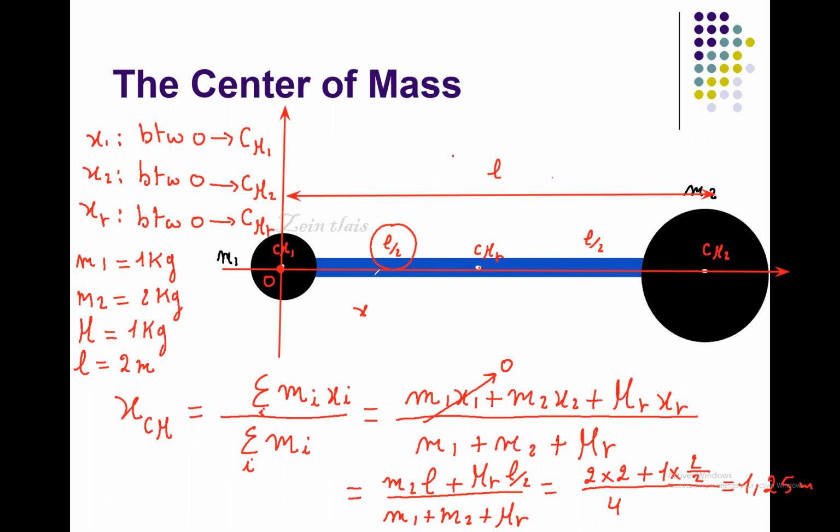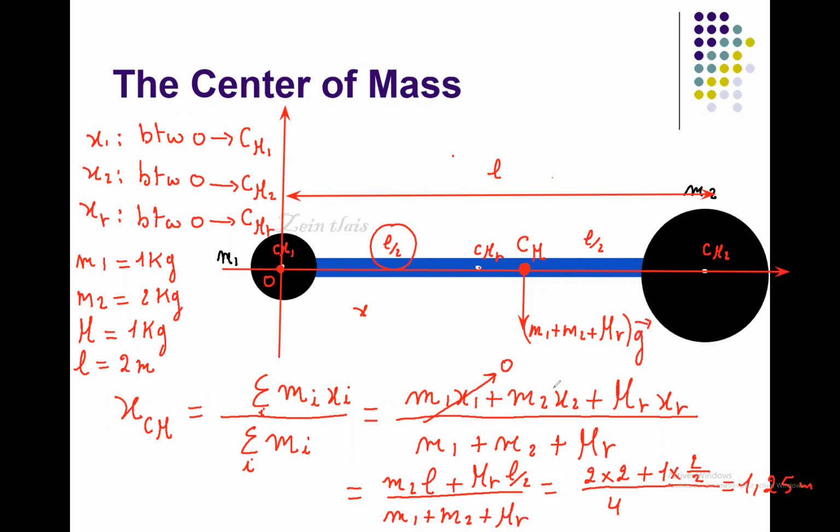So 1.25, I think it's here. This is the position of the total mass of the system. Here we can say the weight of the system will be mg, where m equals m1 plus m2 plus mr, times g.